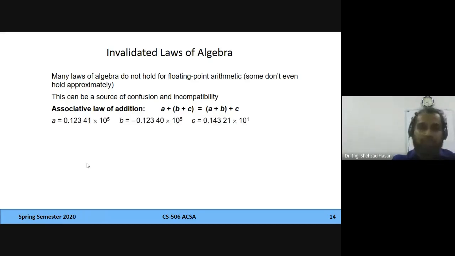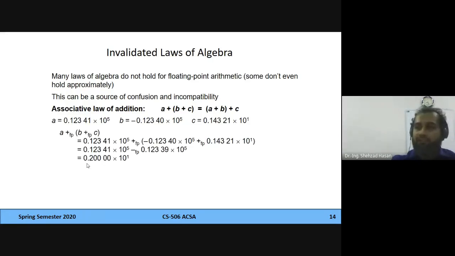If we have three numbers a, b and c as shown over here, and we do it the first way, where we add b and c first and then add it with a, then b and c give you a result of 0.1239 times 10 to the power 5. And if you add them with a negative sign, what you get is 0.2 into 10 power 1, right?